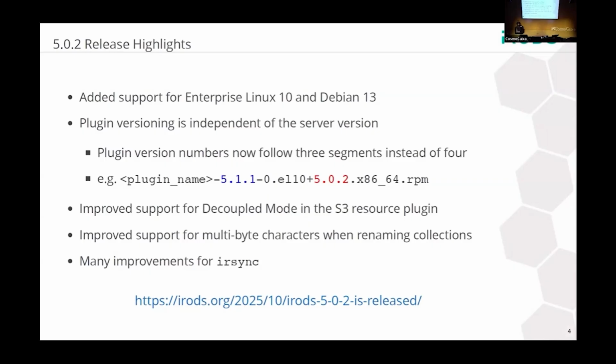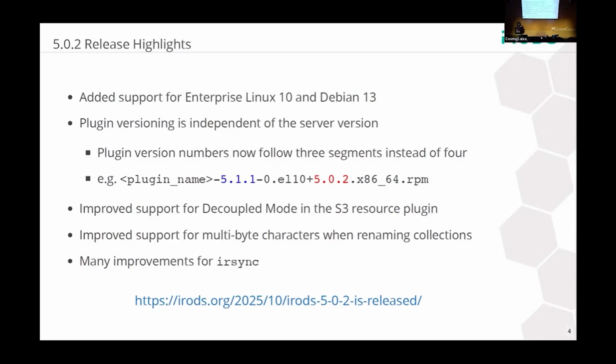For the 5.0.2 release, I'm not going to go into a whole bunch of detail about what changed here. I'm just going to point out some highlights, that being support for Enterprise Linux 10 and Debian 13. I think the big thing here is that we have made plugin versioning independent of the server version.